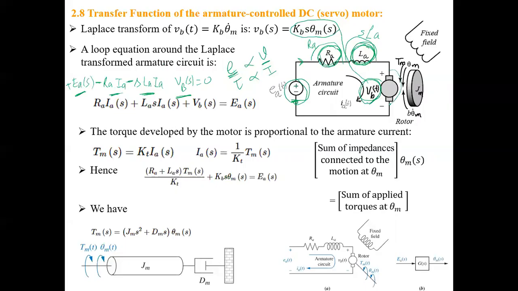You are going downhill again. This is minus. Make sense? Then you can take this to the right hand side. So RALA, LASIA, BB on the right hand side and EA on the left hand side. So that's what you get using the KVL.